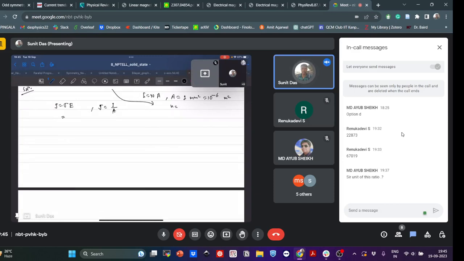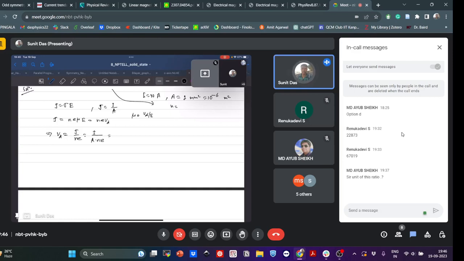And also J equal to, if we use the expression of n e mu E, then it will be n e v_d, because mu equal to drift velocity by electric field. So J we can evaluate, v_d equals J by n e, I by A n e, right?